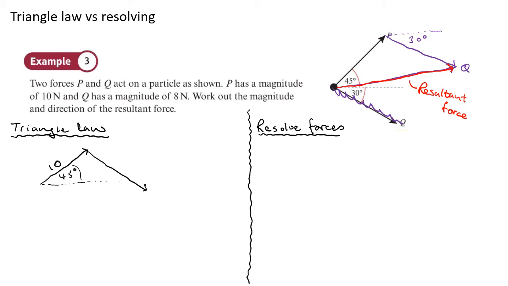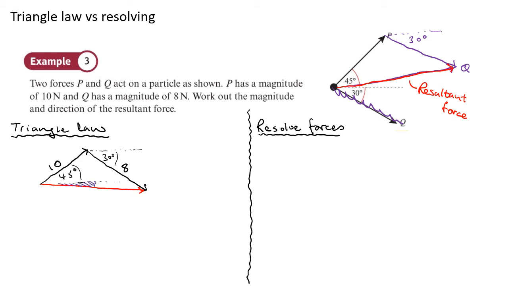Okay, this is not to scale or anything. It's still 30 degrees below the horizontal, so the whole thing shifted up. And in the question that says that's 8 newtons. And this question is all about finding the size of that red arrow, the length of the red arrow, and the direction of that arrow. So I also need to work out what this angle is here.